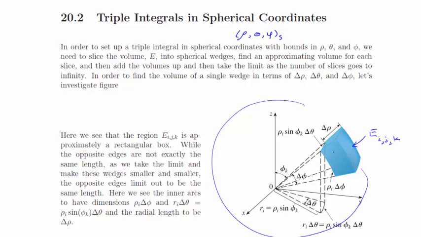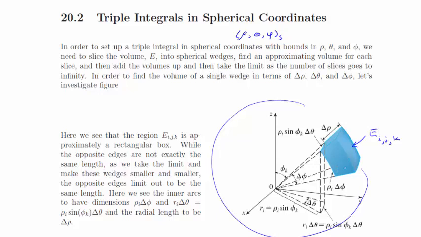So this subsection of our volume E has a delta rho, like width almost, and then we have cut it in the phi direction from some lower phi value, phi sub k minus 1, to an upper phi value of phi sub k. And then we have it cut in the theta direction as well from a lower theta value of, it doesn't actually have a label here, but we'll go with theta sub j, and then an upper theta value of theta sub j plus 1.